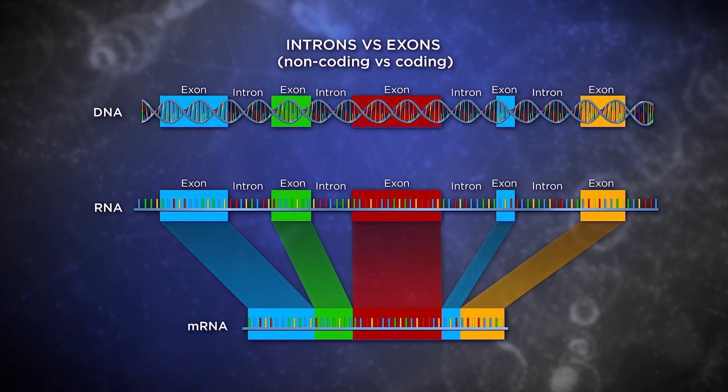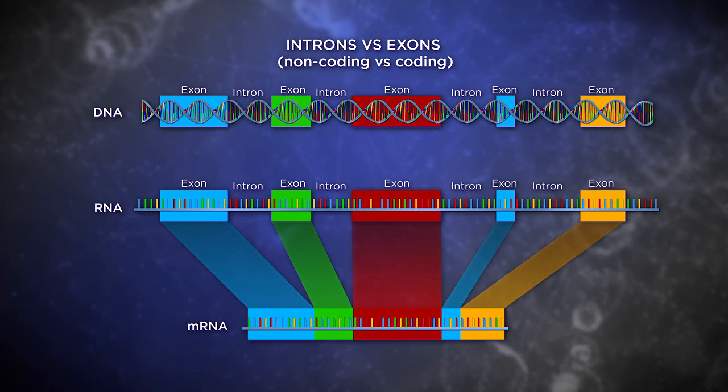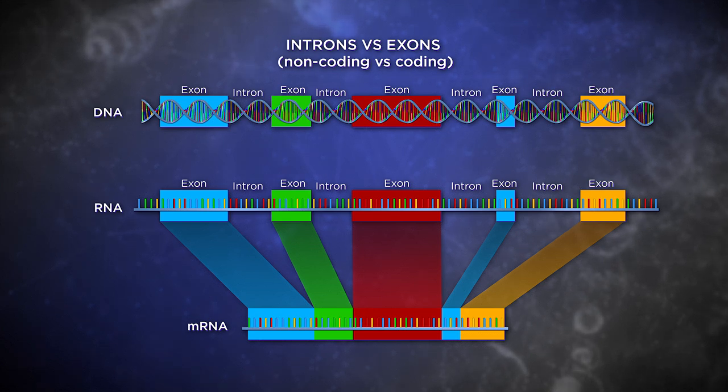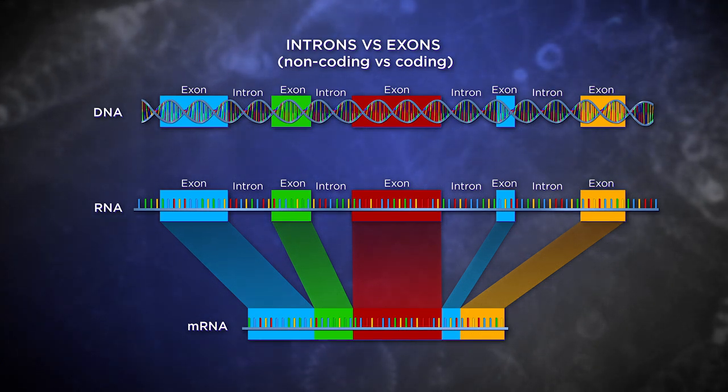A eukaryotic gene, then, is like a show that is broken up by commercials that have nothing to do with the program itself. We interrupt this exon to bring you an intron about something totally unrelated. If you wanted to watch the show without commercial interruptions, you would need to cut out the introns and connect the bits of the exons or the program together. And that's what plants, animals, and other eukaryotic cells do to their RNAs.